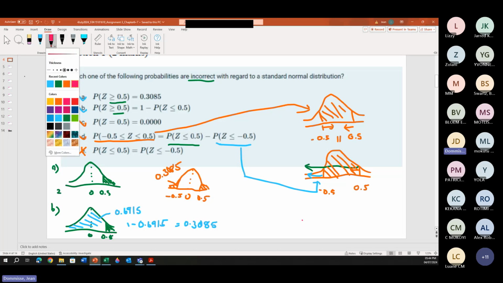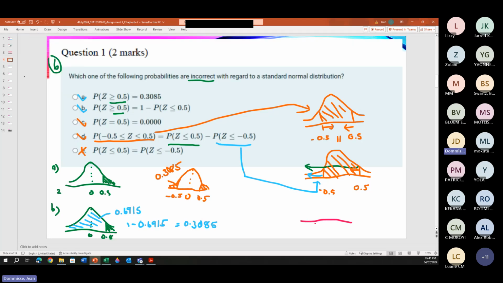So the same, let's just quickly look at why I originally said E was wrong. So the probability that, if you look at, again, that's in the middle, 0. So they said that Z is smaller than 0.5.